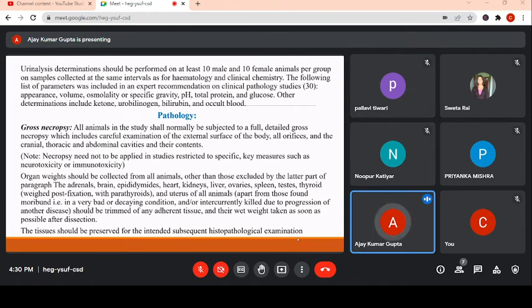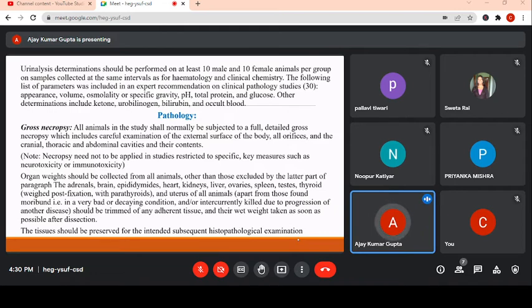Necropsy need not be applied in studies restricted to specific key measures such as neurotoxicity or immunotoxicity. So organ weight should be collected from all animals other than those excluded by the later part of the paragraph. Of course, this paragraph means here, as we have seen, I had written earlier with the specific key features.